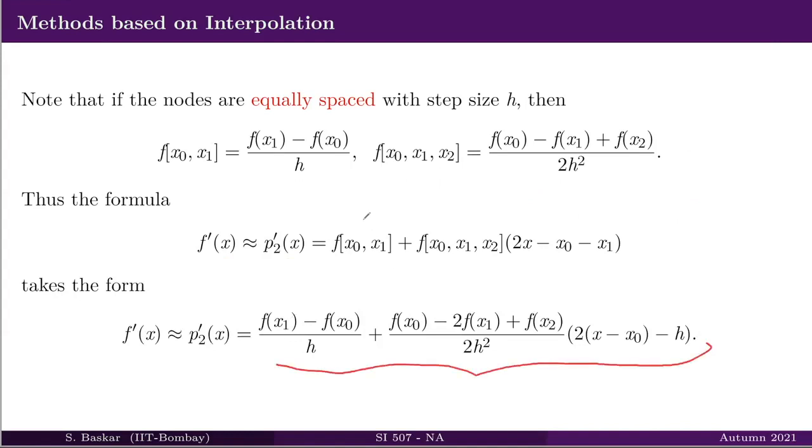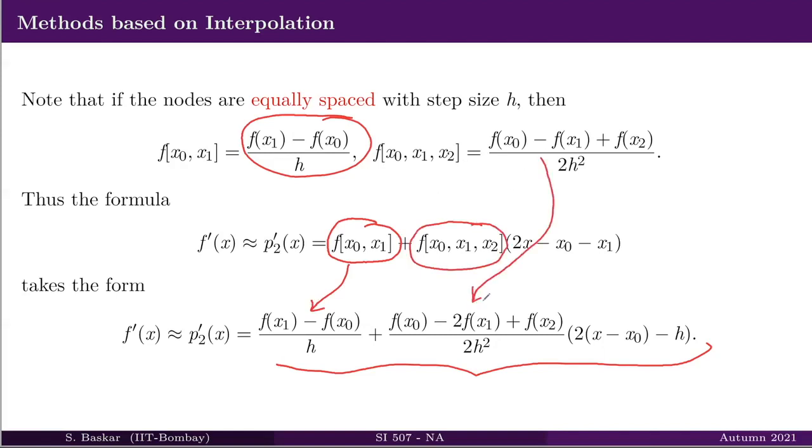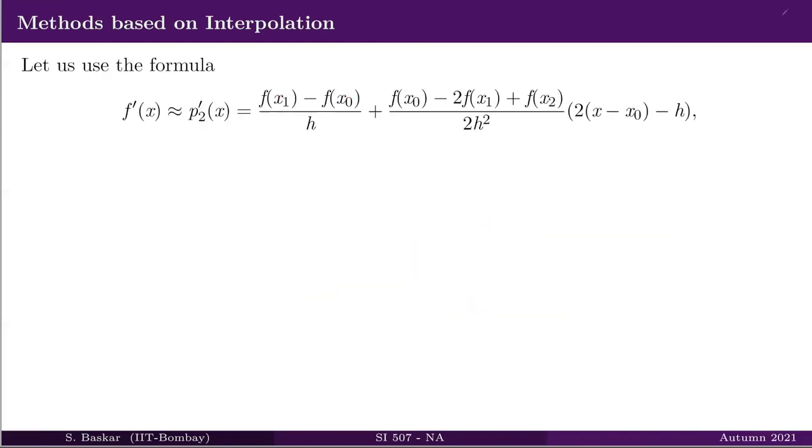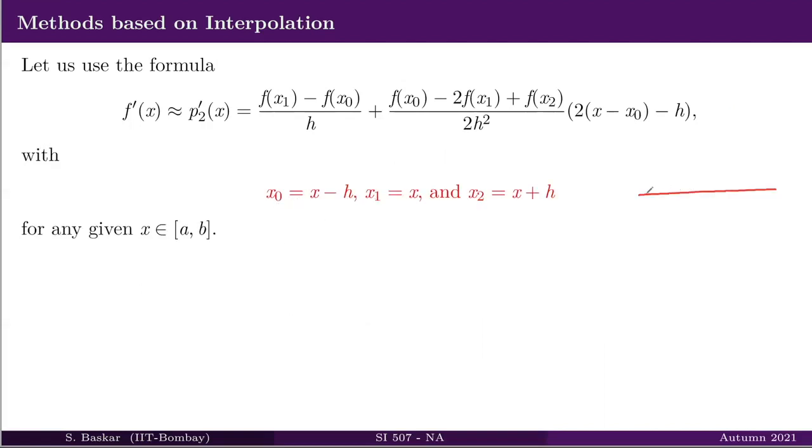What I'm doing is, instead of the first order divided difference, I put this expression here. And instead of the second order divided difference, I just put this expression here. That's all. Now, this is the expression that we got for f dash through differentiating P2 of x. Now, in particular, let us take x0 as x minus h, x1 as x, and x2 as x plus h.